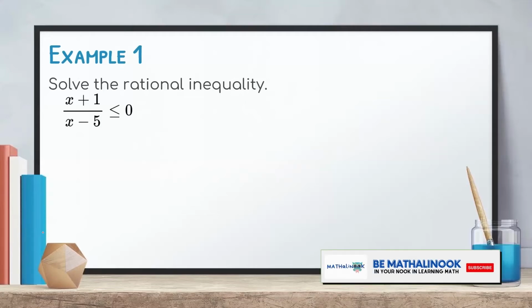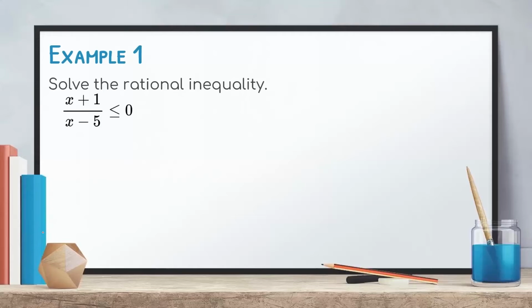Solve the rational inequality x plus 1 over x minus 5 is less than or equal to 0. The first thing to do is to determine the zeros of the numerator and the denominator. To find the zeros, simply equate the numerator and the denominator to 0 and find the value of x.